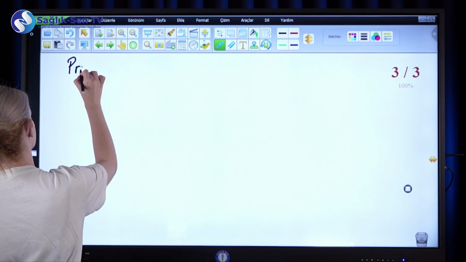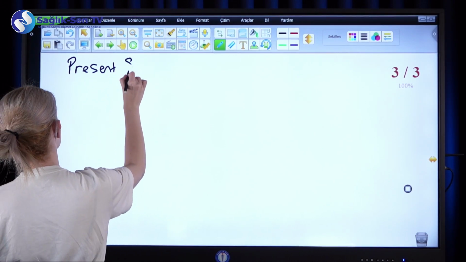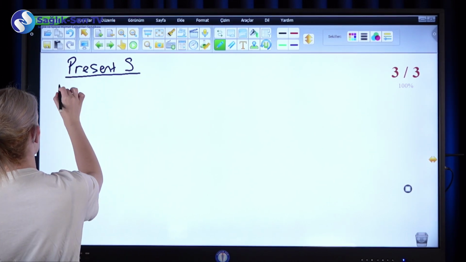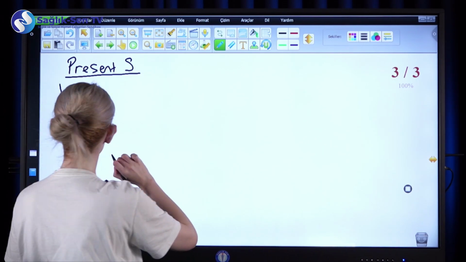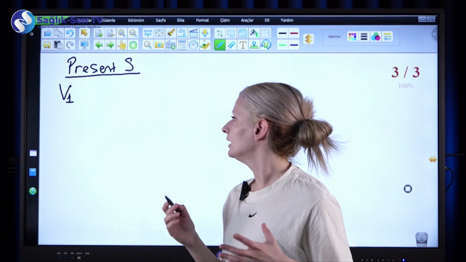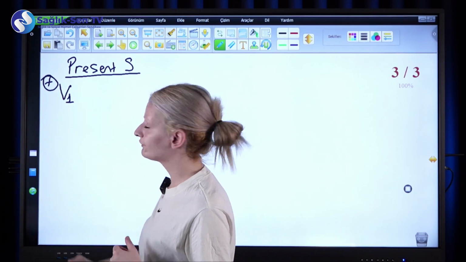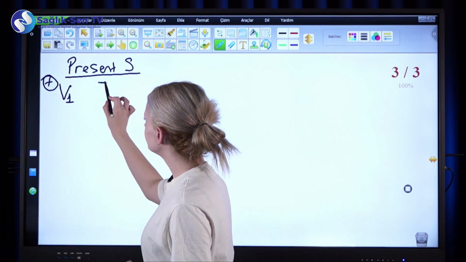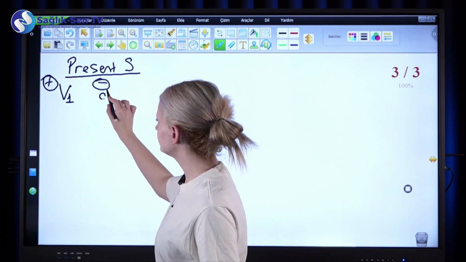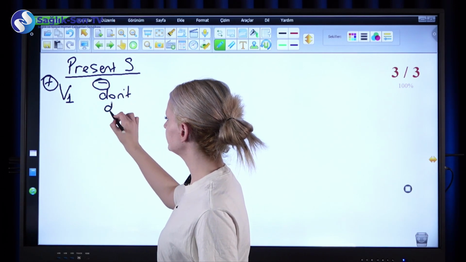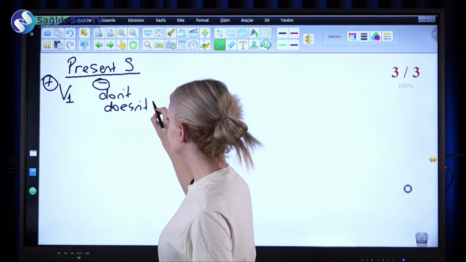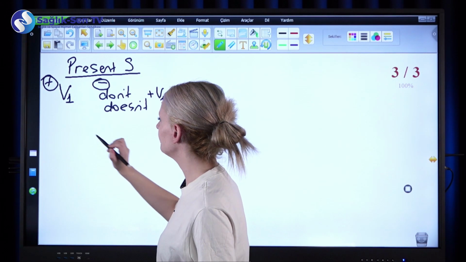We have started with present simple, which is our verb 1 form in our affirmative sentence. The negative sentence consists of do not and does not, verb 1.